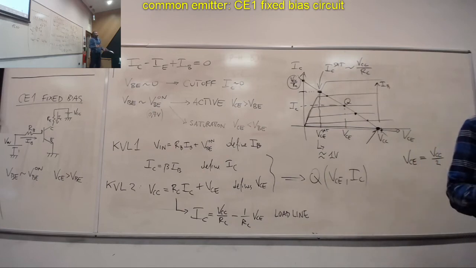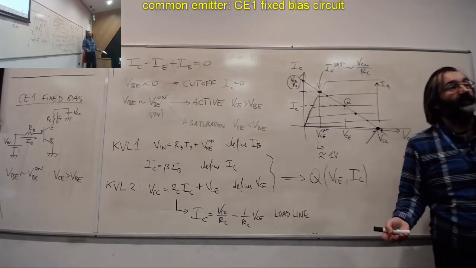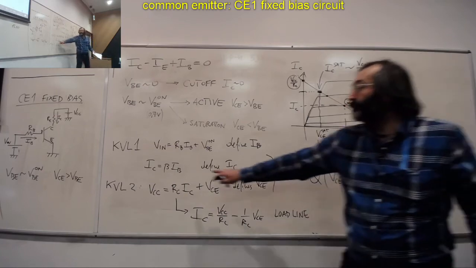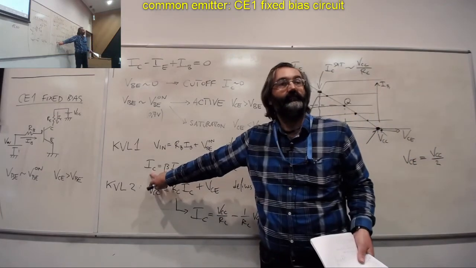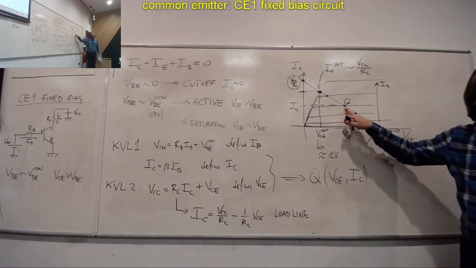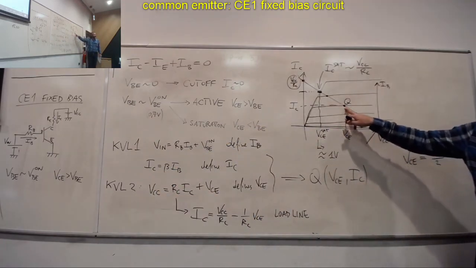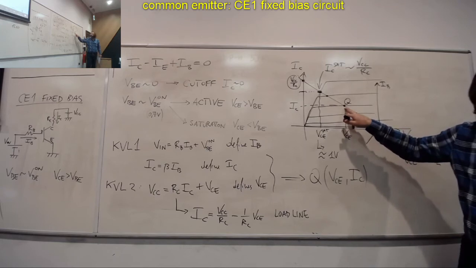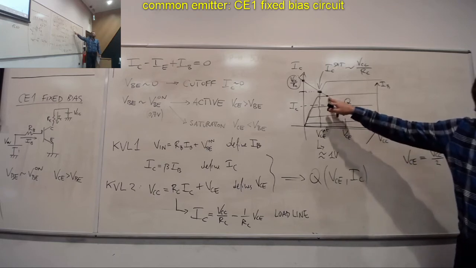So if, for example, you thought beta was 100, but it is 120, IC will change by 20%. So you won't be here, you need to move 20% along the load line. You will move here. What is happening?